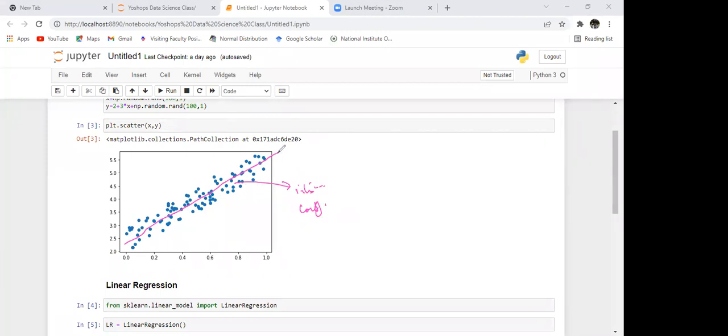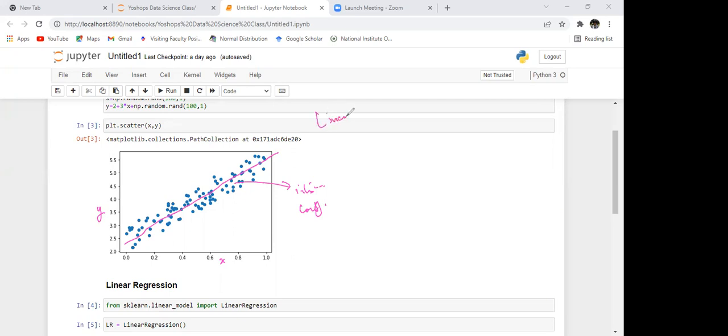Now, after you obtain this line of best fit, you can always find out the corresponding value for Y for some unknown values of X, right? For those values of X for which you don't know what Y is, you can use this straight line to predict the same.